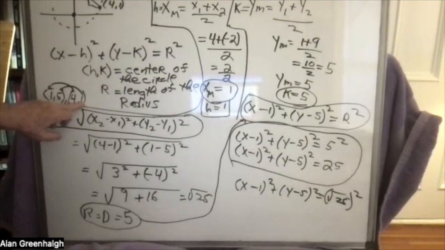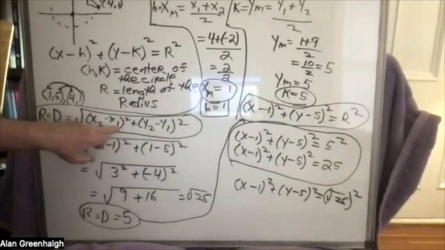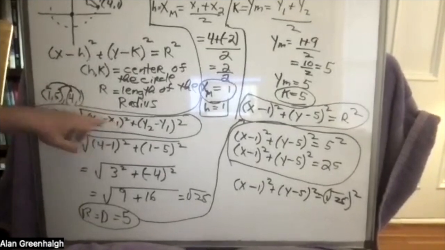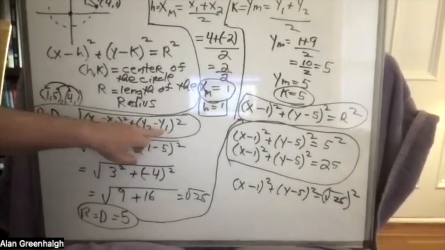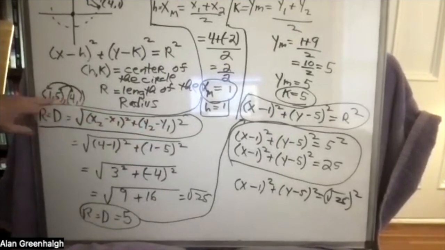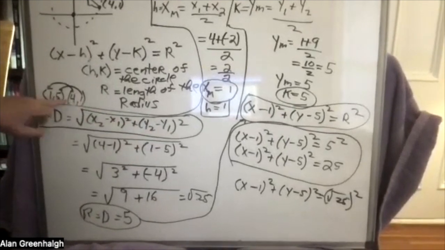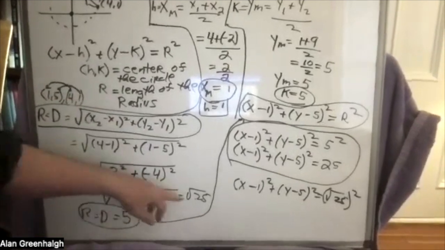That's okay. In other words, it's not only x2 minus x1, it could be x1 minus x2. But if you do x1 minus x2, it has to be y1 minus y2. So if you did 4 minus 1 minus 4, then this would be 5 minus 1. Did you get 25?